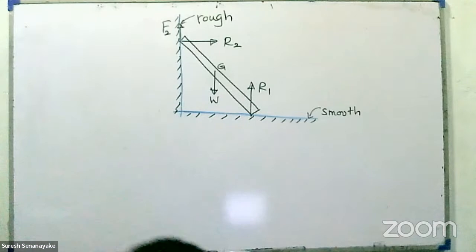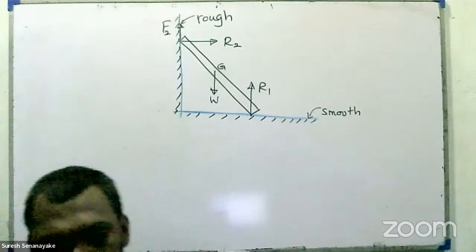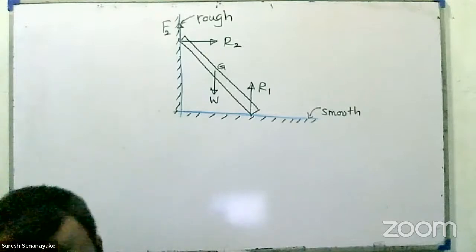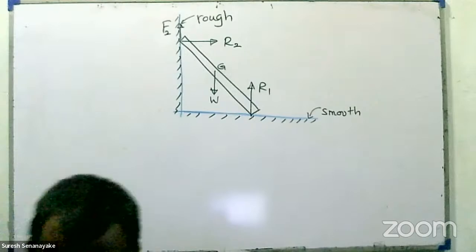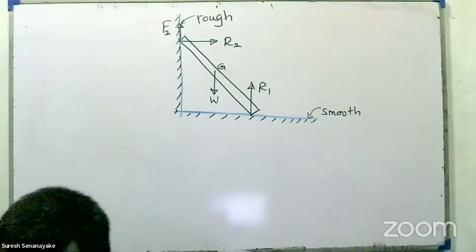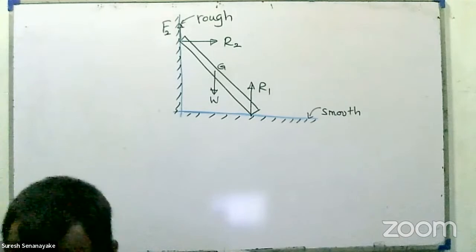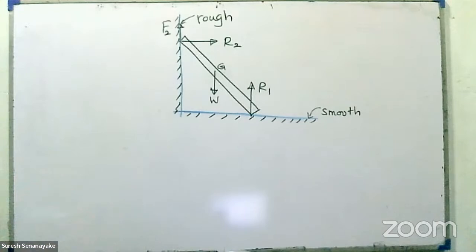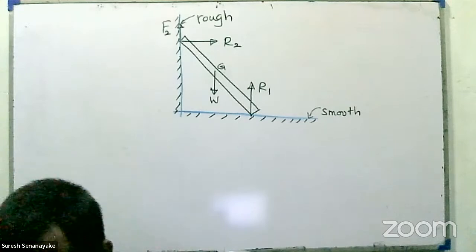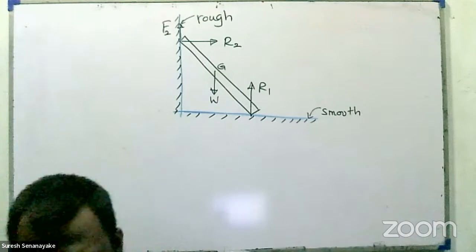According to the free body diagram, there is an unbalanced force R2 in the horizontal direction.